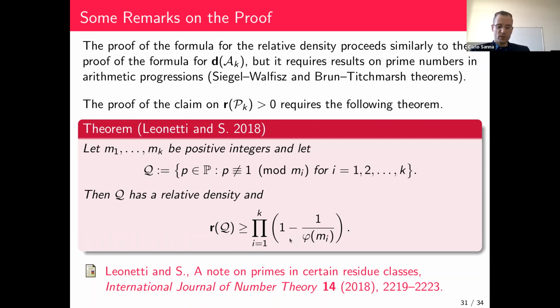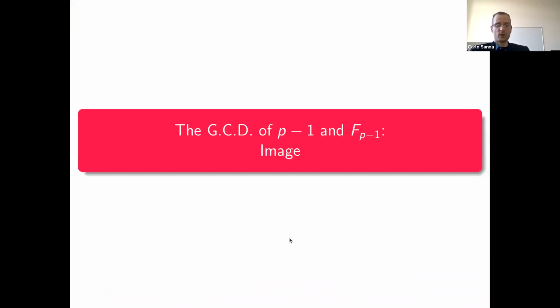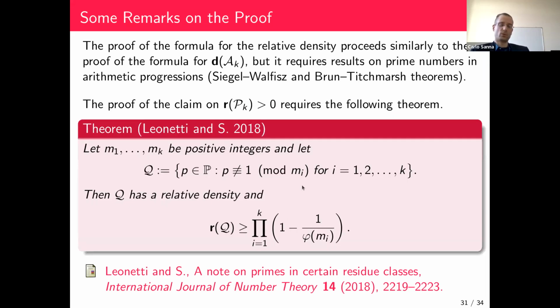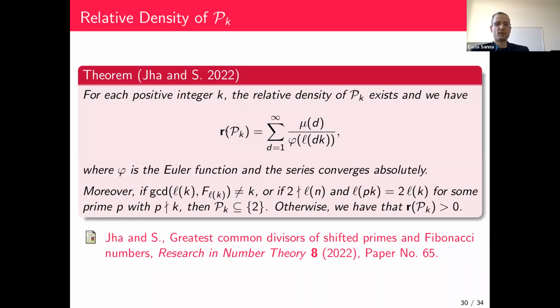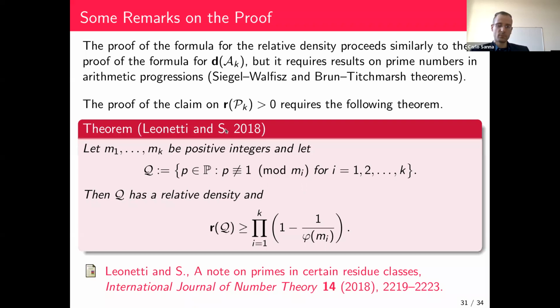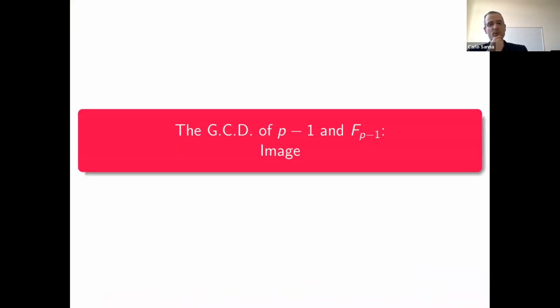Okay, so using this result, we can prove, in a similar way to the one before, this result for the relative densities of the fibers. All right, so what about the image in this setting?